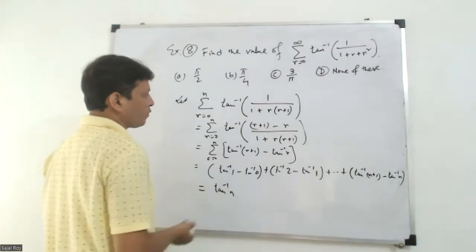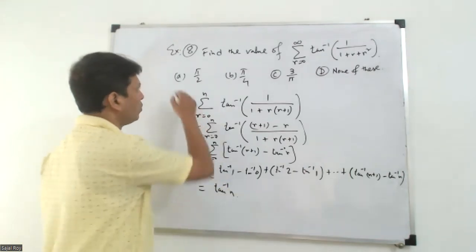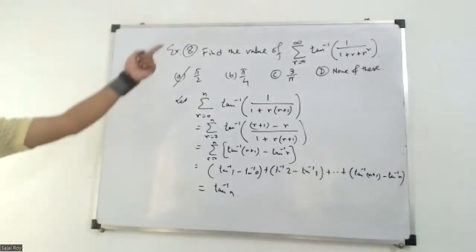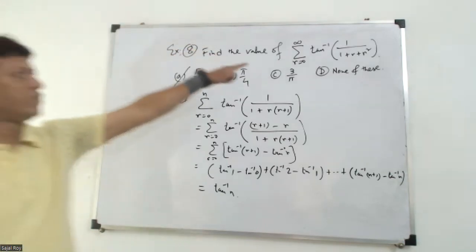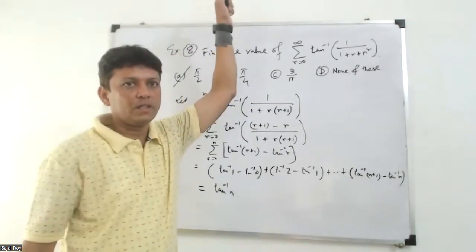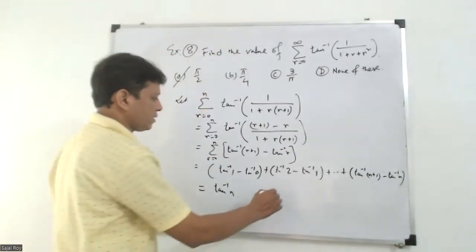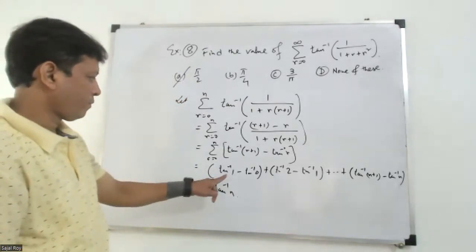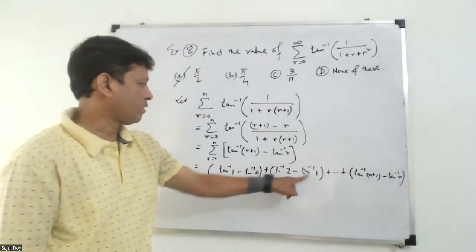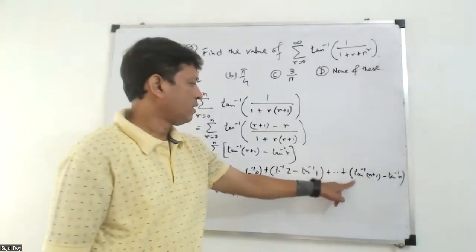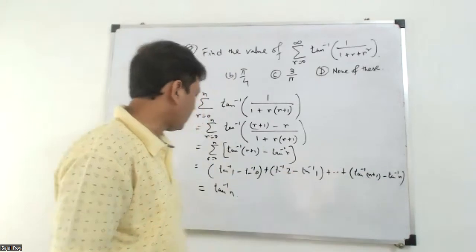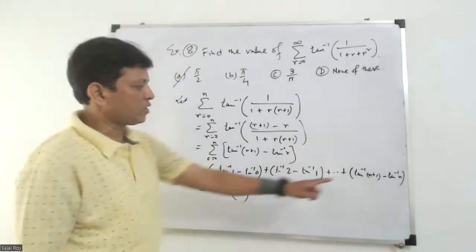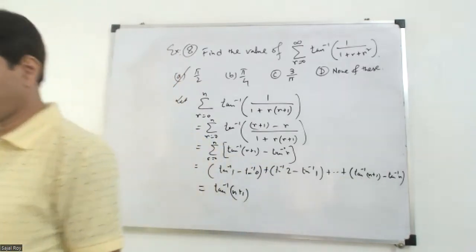So as n tends to infinity, it goes to pi by 2, because your summation goes from r equal to 0 to infinity and tan inverse n plus 1 is the last term. Correct.